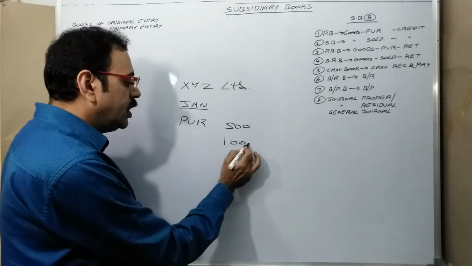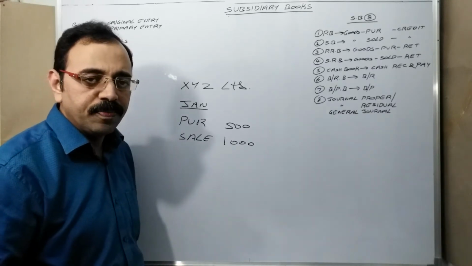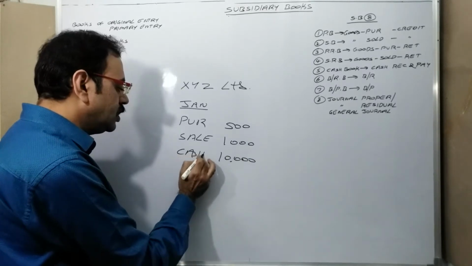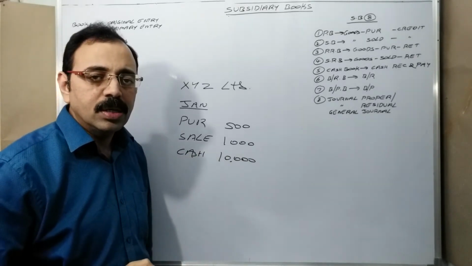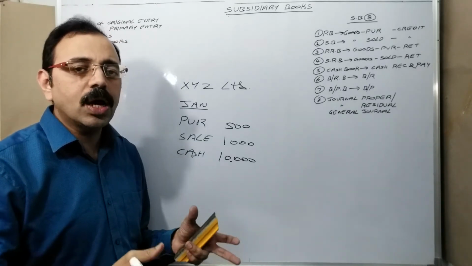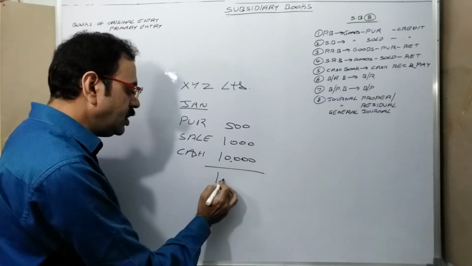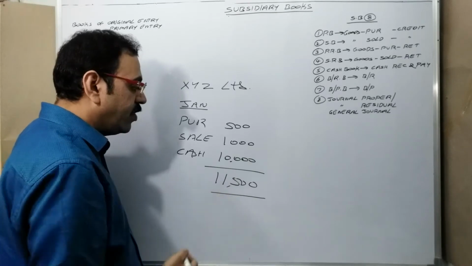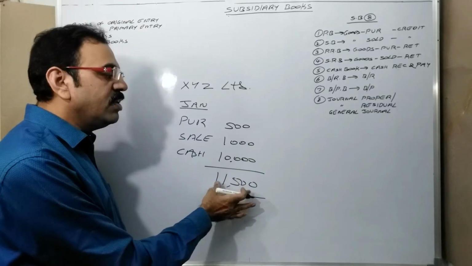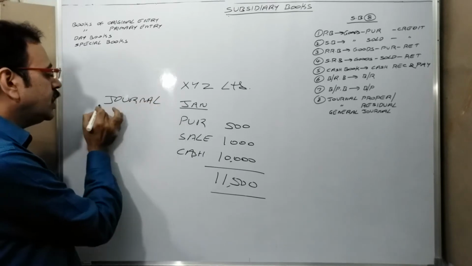Similarly, 1000 times they sold goods to customers. Then 10,000 cash transactions are there in January month. Sometimes cash is coming, sometimes cash is going. Total how many transactions? 11,500 transactions. So if they record all these transactions in journal book, what is the disadvantage?